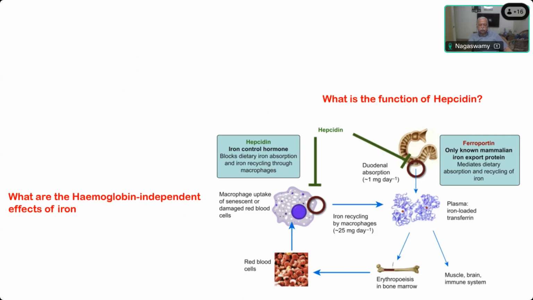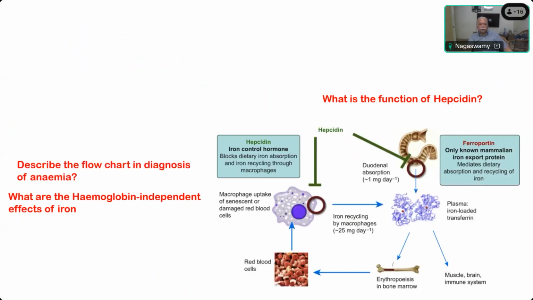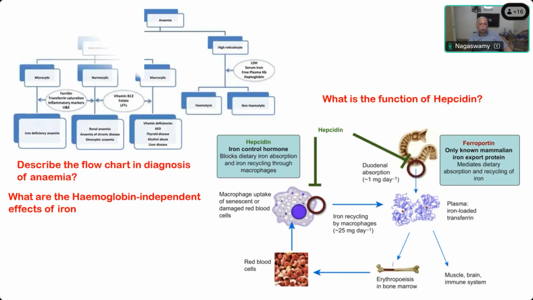It's also nowadays taken as a marker to find out whether there is anemia. And this is the flow chart all of you should remember. If a patient is anemic, the first thing you do is find out the reticulocyte count, whether it is a low, high or normal reticulocyte count.